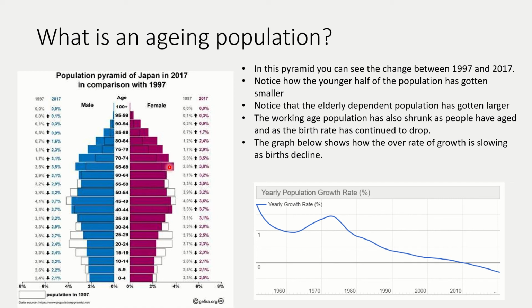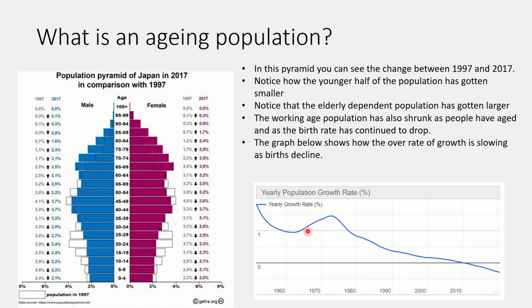And the first thing that we really need to ensure we have an understanding of is we are talking about an aging population. What we mean is a population that is increasingly getting older. Japan's birth rate, the number of babies they're having, is falling. And you can see that expressed in this graph here, which shows since 1960 to 2020, the rate at which their population is growing.